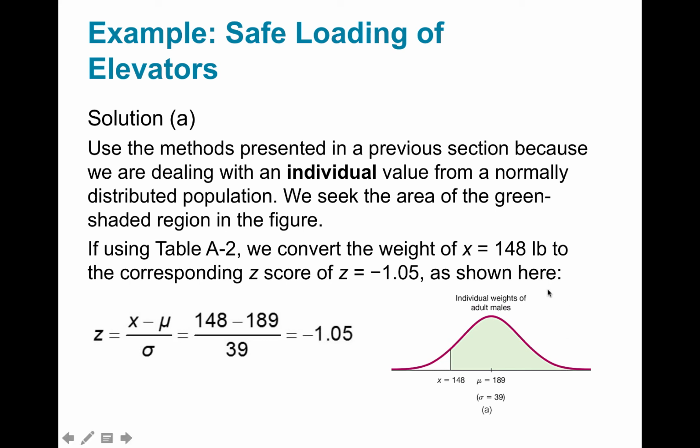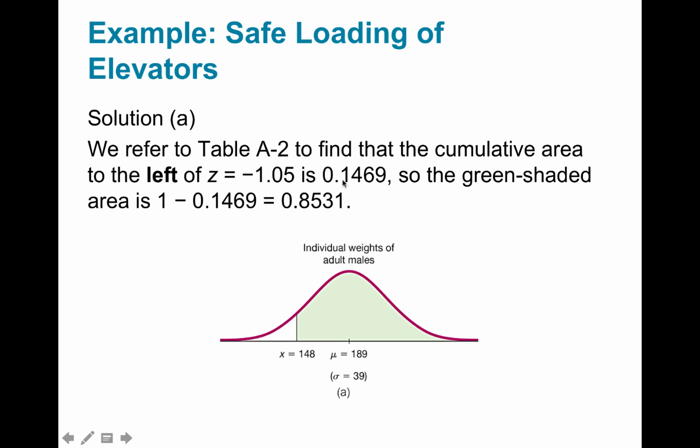We sketch a diagram, shade in the appropriate area, find the z-score for our value, look up the probability in the table, and then we have to subtract that probability from 1 because it's a right-hand probability. So 85% probability that the weight of an individual is bigger than 148 pounds.